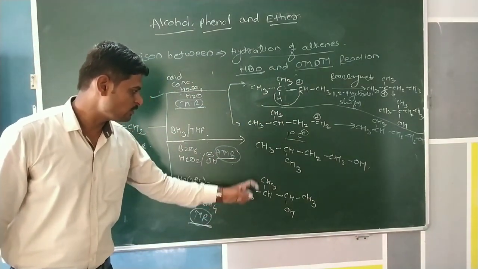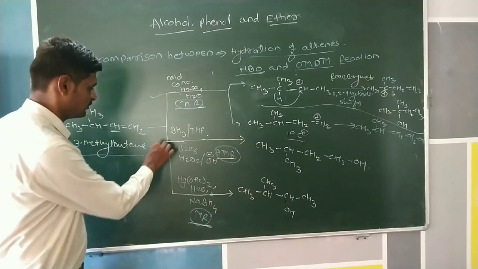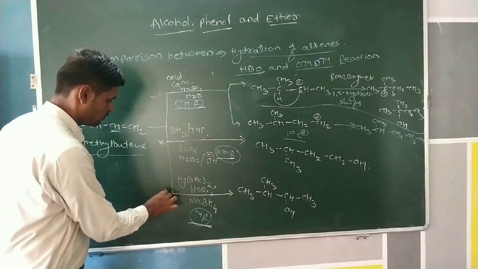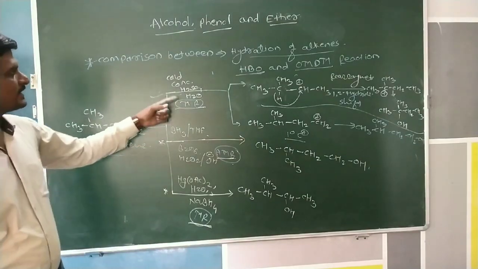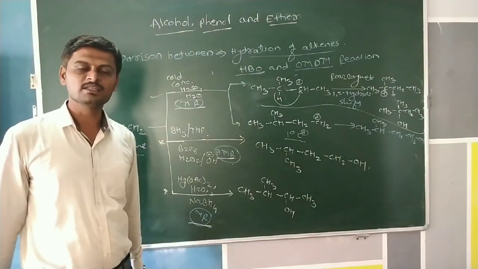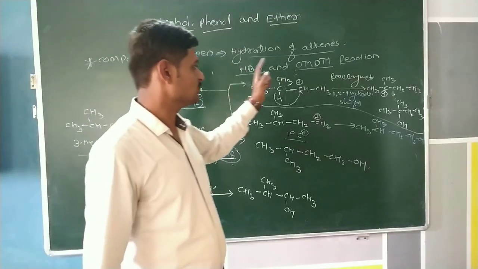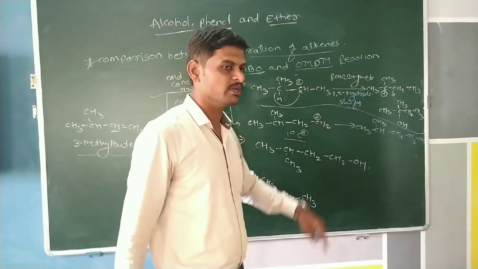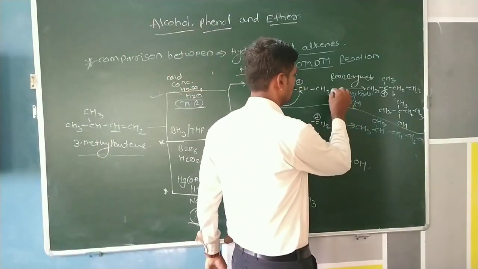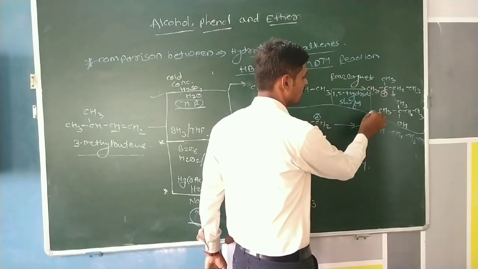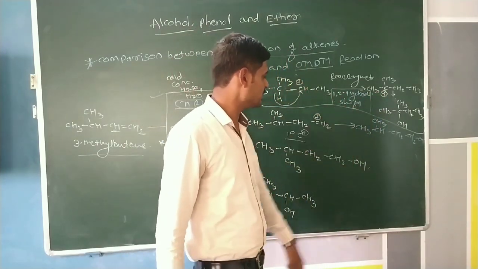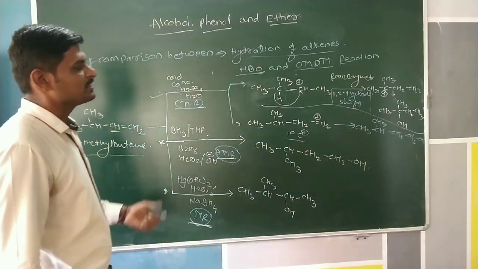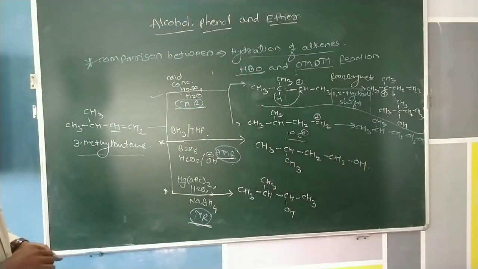In the HBO and OMDM reactions, no rearrangement reaction is possible. But in the case of hydration of alkene, a rearrangement reaction is also formed. After rearrangement, there is a formation of an alcohol by 1,2 hydride shift, or instead of a 1,2 hydride shift, a 1,2 methyl shift is also shown here.